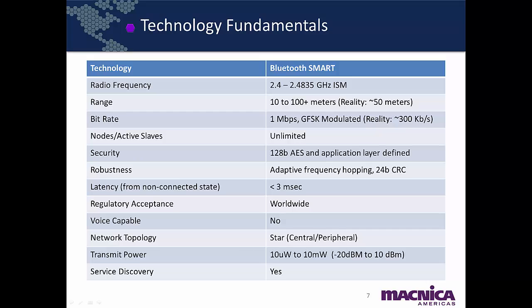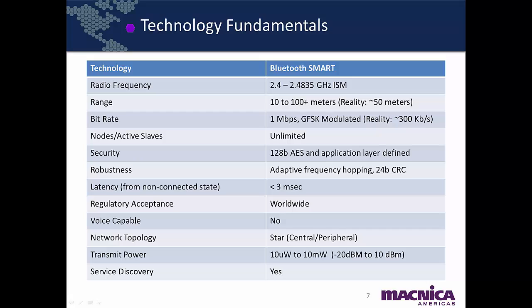Here we can see some of the low-level details that Bluetooth SMART employs. It operates in the 2.4 GHz ISM band with a theoretical maximum data rate of 1 megabit per second. But in reality, you'll see rates around 300 kilobits per second. The specified range has a maximum of somewhere around 100 meters, but again, in true application, you'll probably get closer to 50 meters.